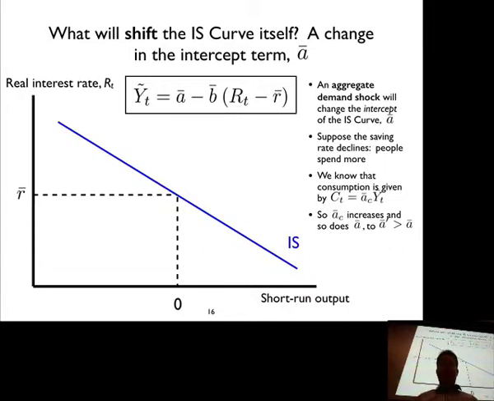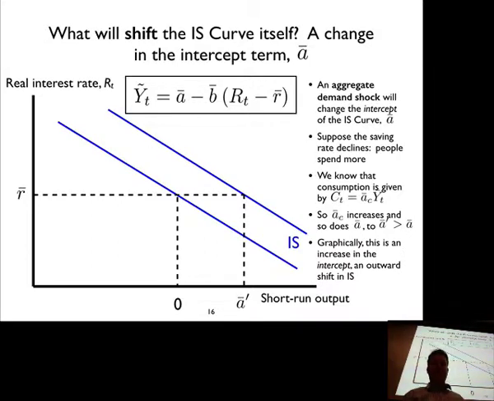So when it temporarily increases, it pulls up the whole intercept to a higher number. And graphically, I think this is best seen as a rightward shift in the IS curve. You could also say, well, it's an upward shift too. I mean, they're sort of geometrically equivalent. But the story is that, whatever this increase is, it adds on to short-run output at every interest rate.